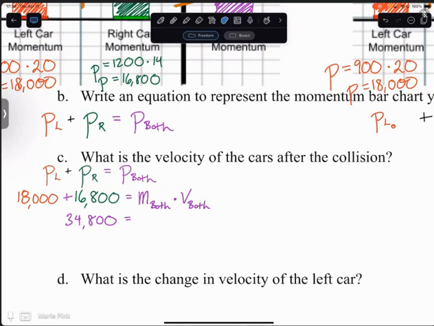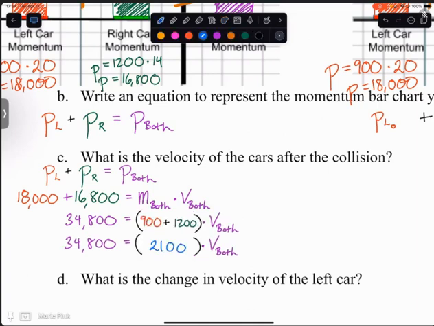And so I need to remember here to use the mass of both times the velocity of both. And this only works when this velocity is the same for both of them. So it only works when things are stuck together. And so now I just need to find the mass of both. So with a mass of 900 and 1200, I go ahead and put that in, and 900 plus 1200 is 2100.